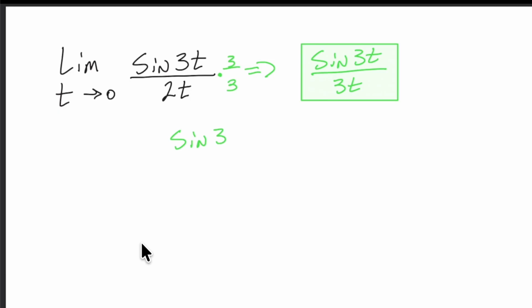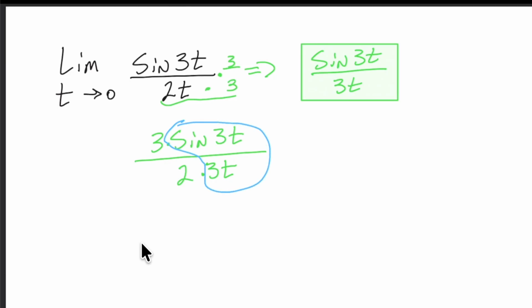In the numerator, we're going to bring this 3 out front, and in the denominator, instead of 2 times t times 3, we're going to have 2 times 3 times t. Then we can isolate this and recognize that as one of the big 5 limits, and we're going to get 3 over 2 times 1, and our final answer is 3 over 2.